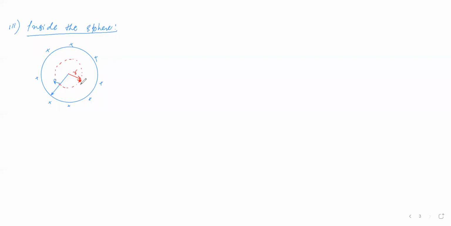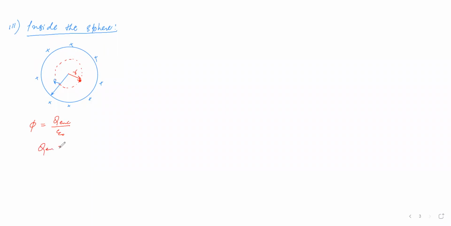If this is small r, then can anyone tell me what will be the value of flux? Your flux is phi is equal to Q enclosed over epsilon naught. And we have already known this is your conducting sphere. If this is your conducting sphere, then there is no charge available inside this sphere. Okay.